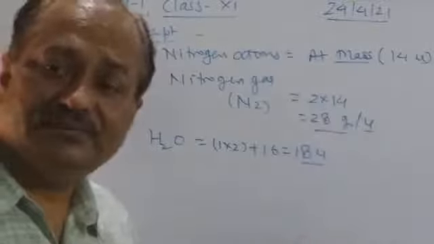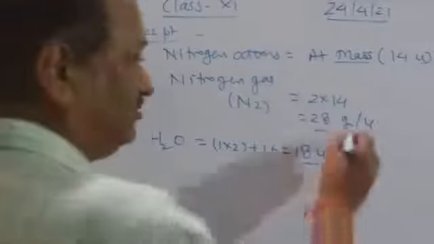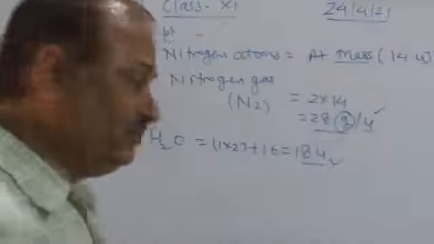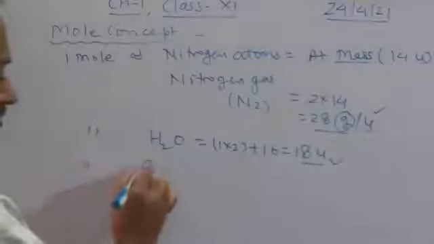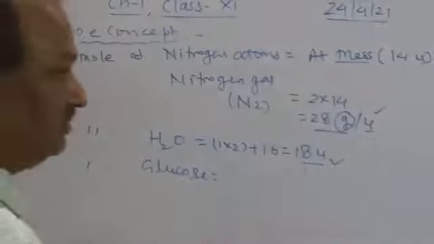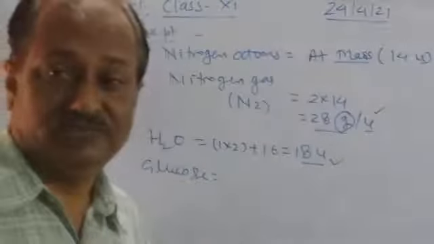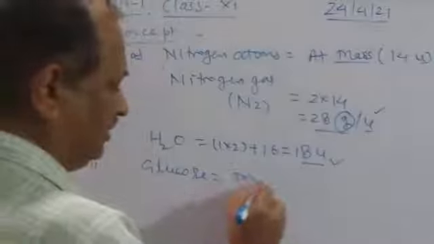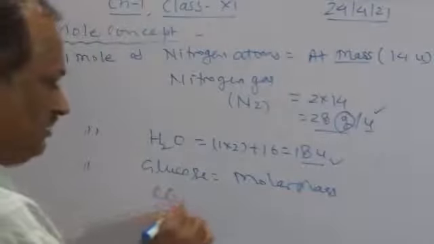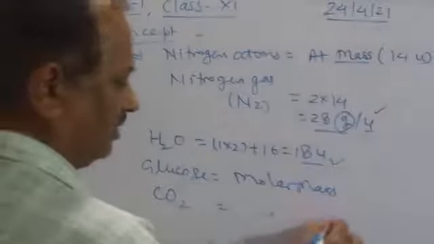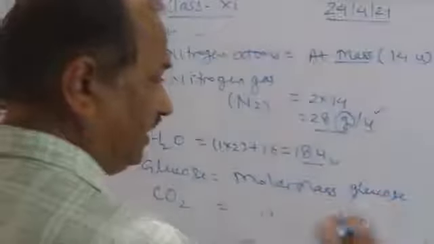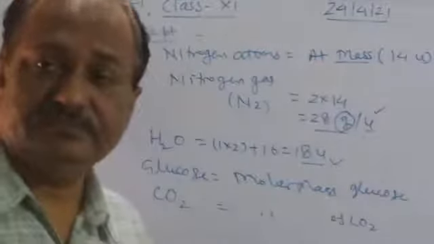Gram is not incorrect, but it has become outdated, obsolete. Similarly, for 1 mole of glucose, the molar mass of glucose has to be taken. Similarly, 1 mole of carbon dioxide will be the molar mass of CO2. So this is the one concept.